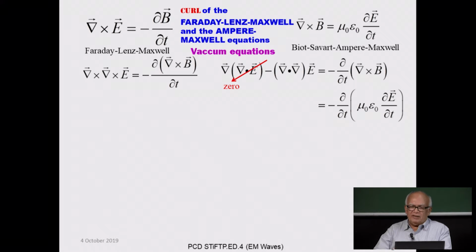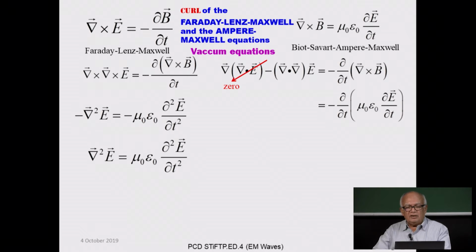So, put that in, and now you have got a relationship between the space derivative of the electric field and the time derivative of the electric field. Okay? The second order time derivative and the second order space derivative, these are related by this equation, which you recognize is the wave equation.